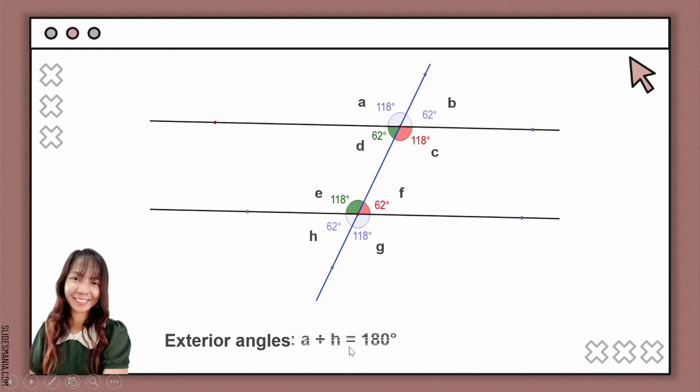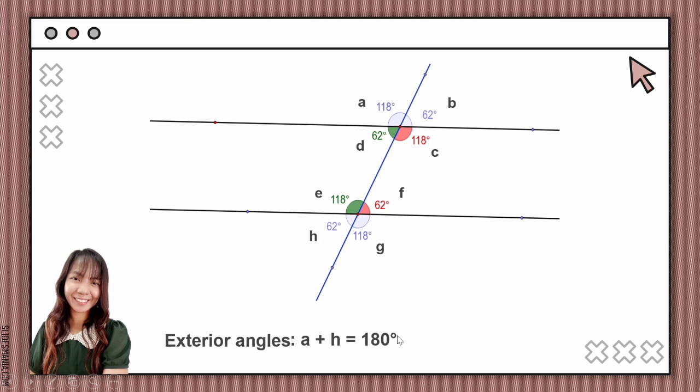For example, angle A and angle H. Again, they are on the same side. Angle A, for example 118 degrees, plus 62 degrees, the angle H, will give you 180 degrees.